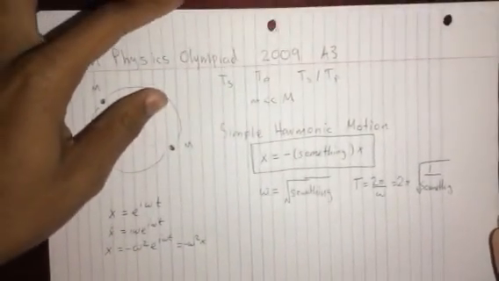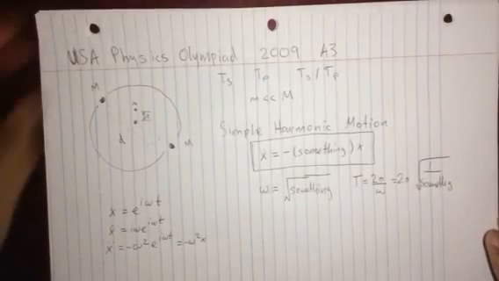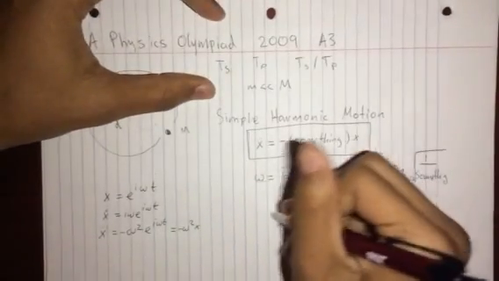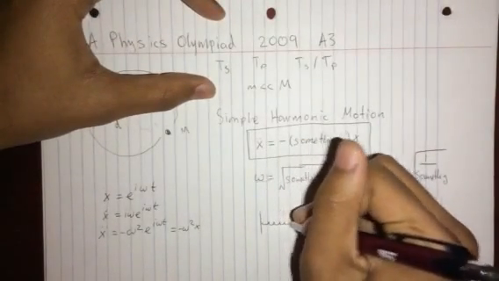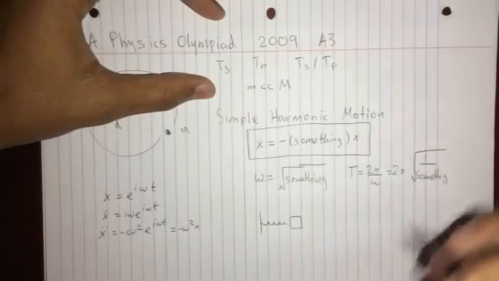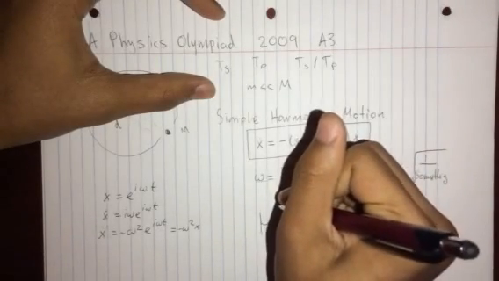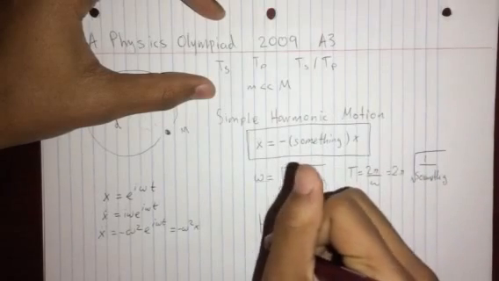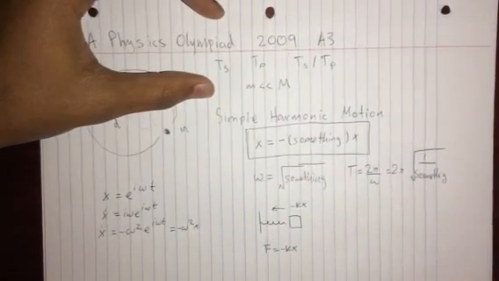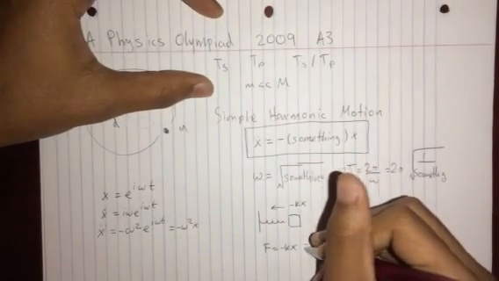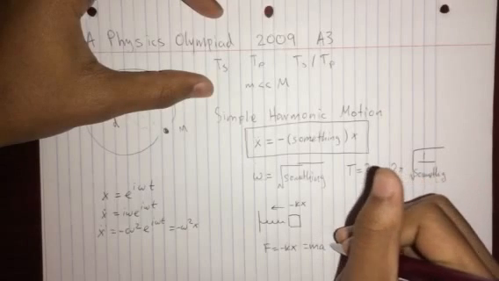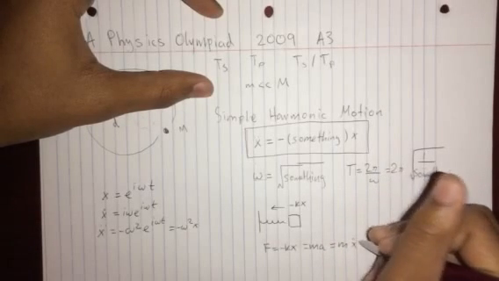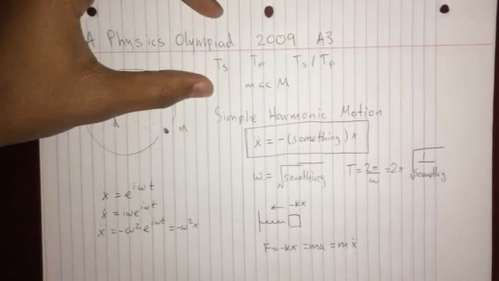One more thing I can add is that's why, if you have a block on a spring, it has a restoring force. There's a restoring force, F equals negative kx. We also know that F is ma, thanks to Newton, and we can write the acceleration as x double dot, the second time derivative.